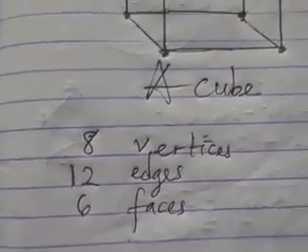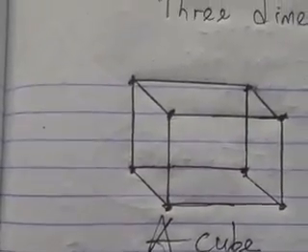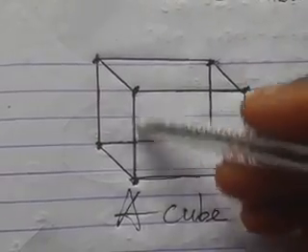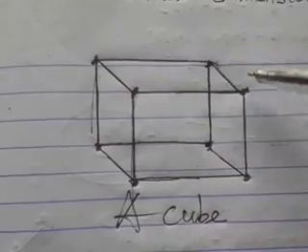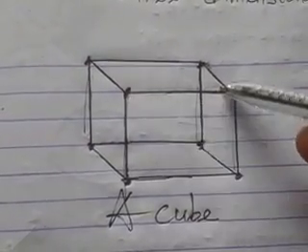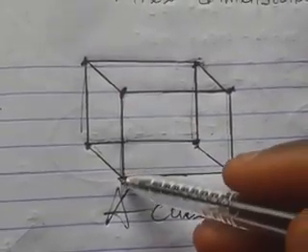A cube has 8 vertices, 12 edges. When I say 12 edges, you see these lines, they are called edges. So count with me. 1, 2, 3, 4. This up one, 5. This one, 6, 7, 8.